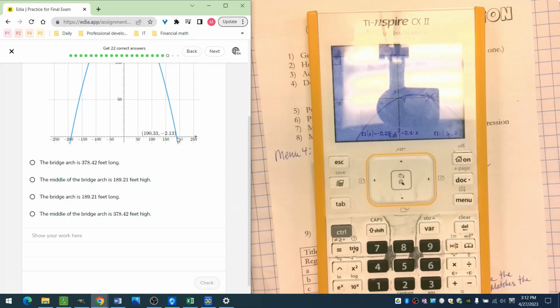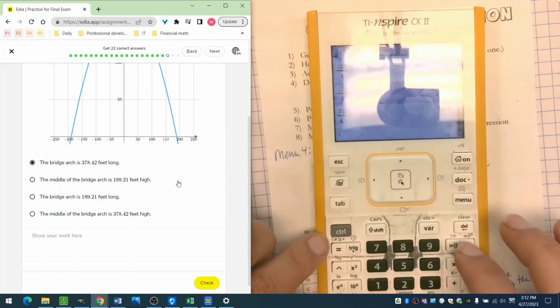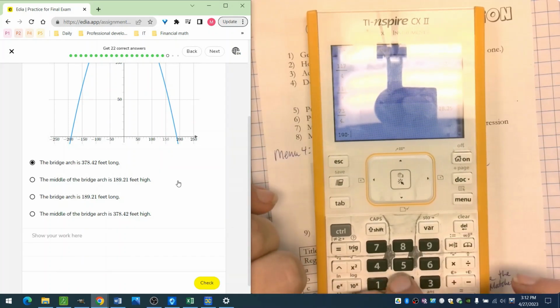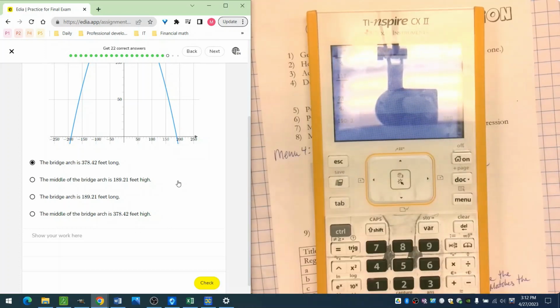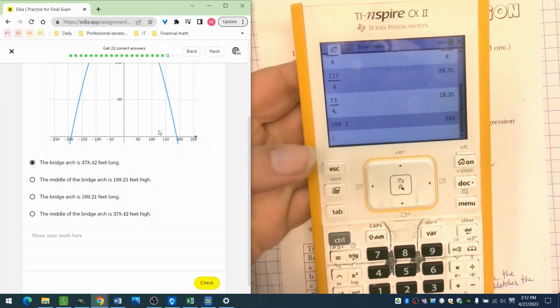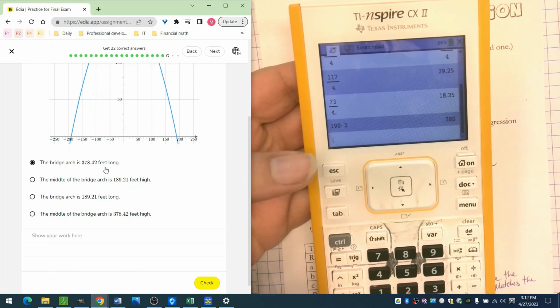So if we do 190 times 2, I'm guessing this is the right one. So let's check. 190-ish times 2. Yeah, that makes sense to me. It's just telling me how wide this is. So if this is 190 and this is 190, add it together, that's your answer.